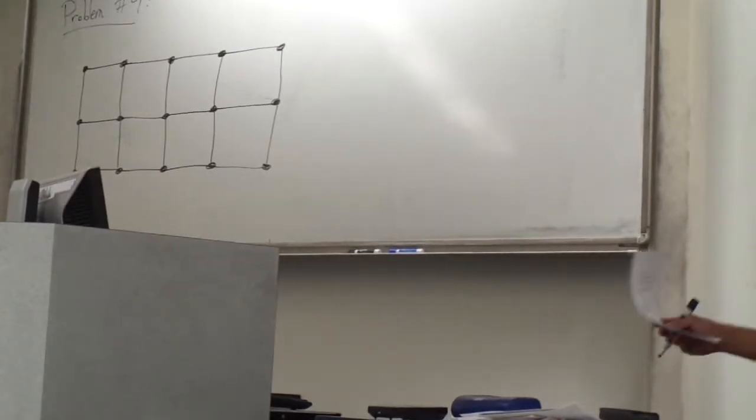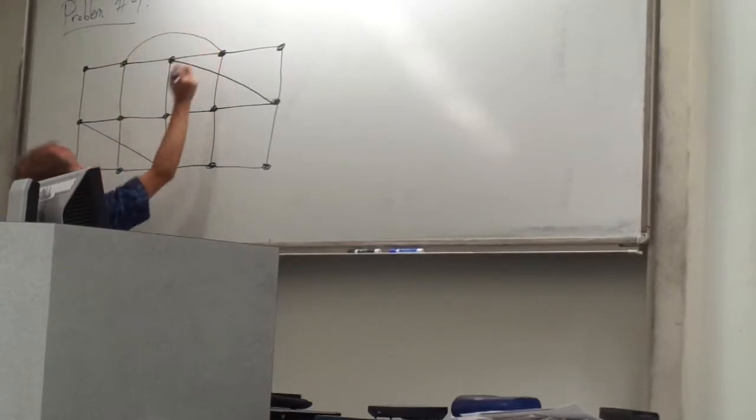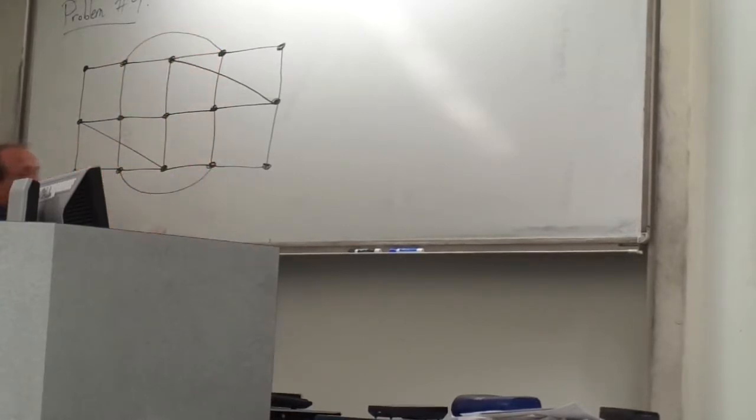And then I'm going to add 4 more edges to this picture. Okay? One of them is from the middle top to the middle right. The other one is from the left middle to the bottom middle. So these 2 little diagonal lines. And then I'm going to connect across here and across here.